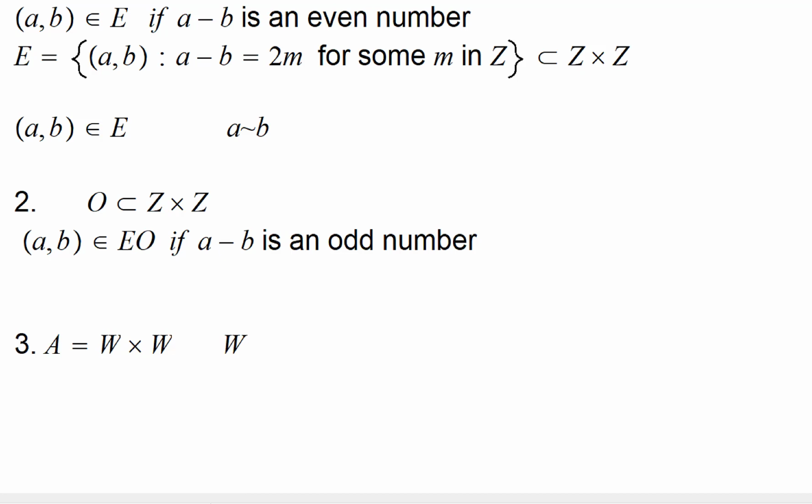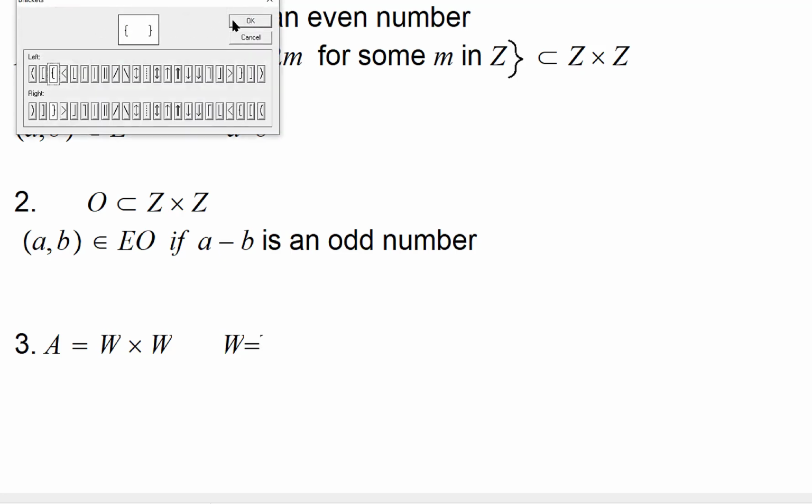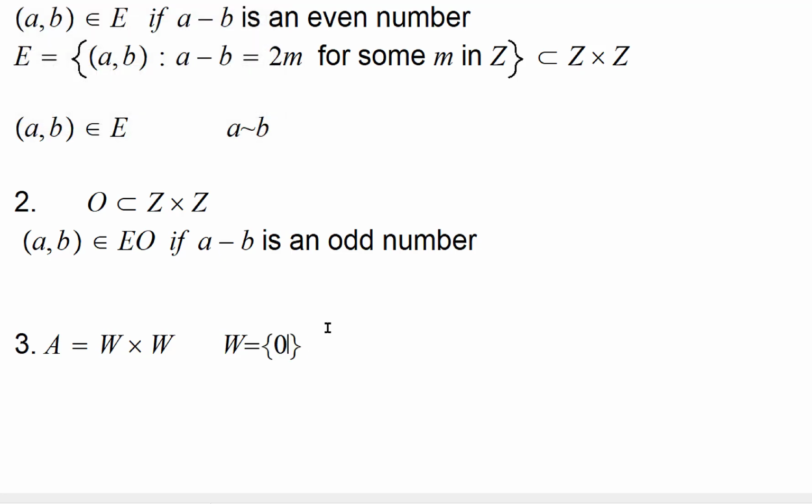W is 0, 1, 2, 3, 4, and so on, I'm just listing it informally like this, and A is W cross W. Now I can define a relation.